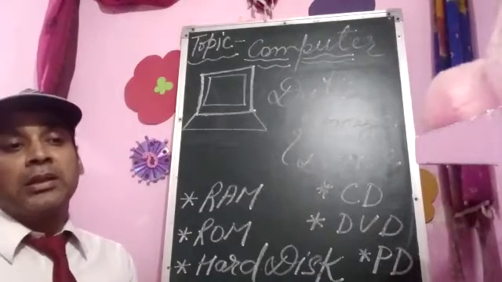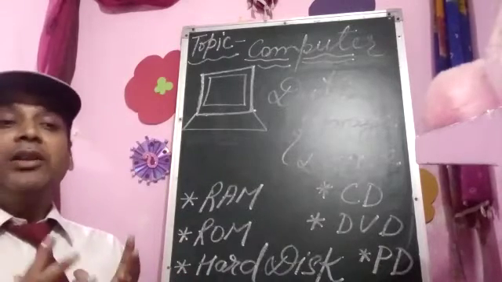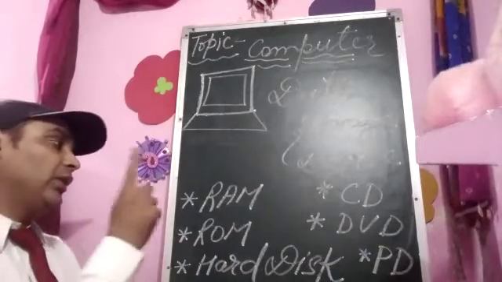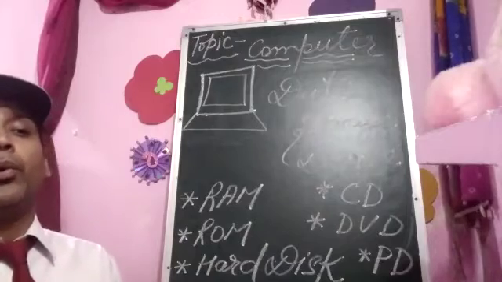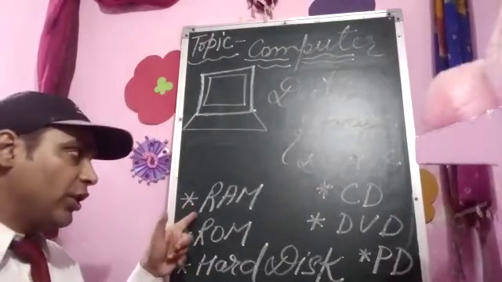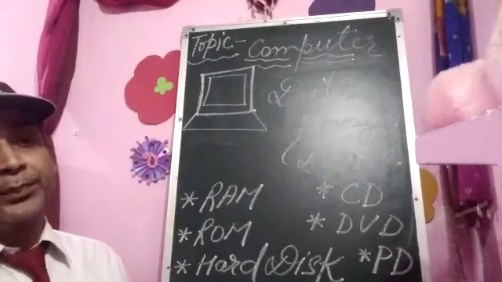The instructions in the ROM cannot be changed and are not lost when you switch off the computer, compared to the RAM. This is the main difference between RAM and ROM: RAM is volatile memory and ROM is non-volatile memory.